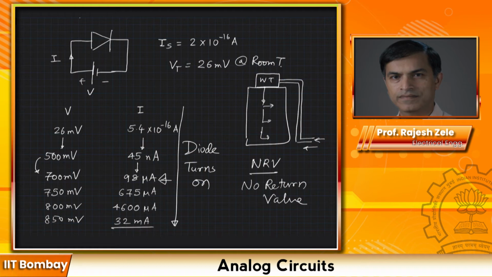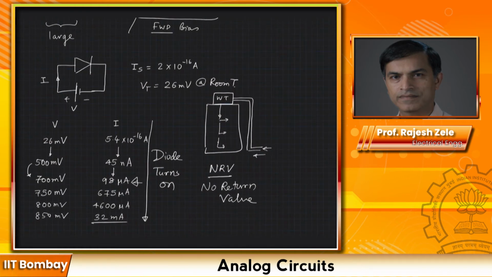So this NRV looks like a very simple device, and I'm just going to draw it for you, and then it will be clear to you how this looks like a diode. Okay, so it has an edge like this, and there is a circular flap that it has, something like this, and the water flows from this direction and goes out this direction in this pipe.